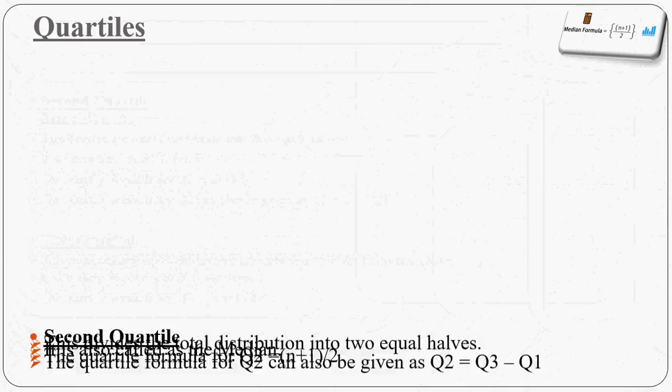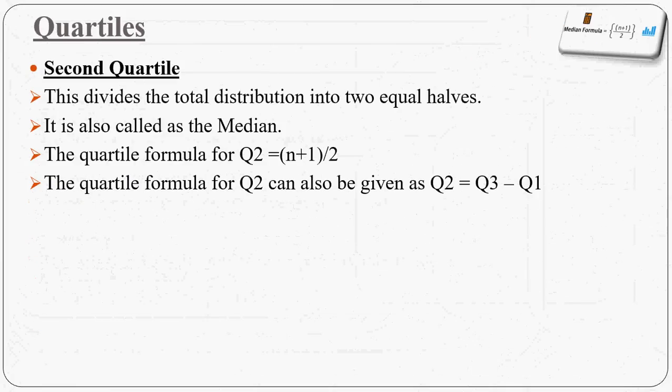Continuing further with regards to quartile, the second quartile, how to calculate? It divides the total distribution into two equal halves. The same way, it is also called the median. The quartile formula for Q2 is equal to n plus 1 by 2. The same formula we use for median is used for the second quartile.